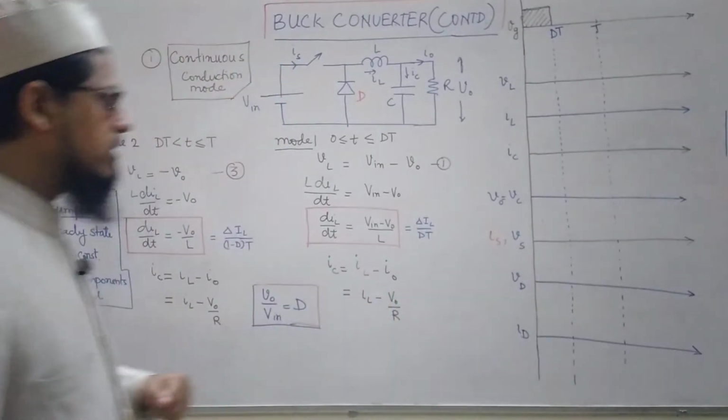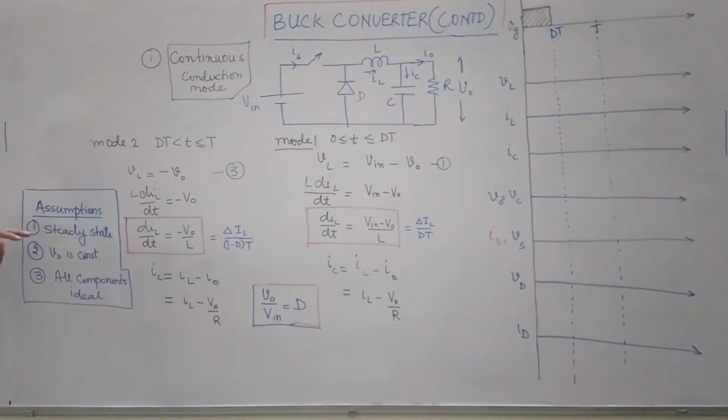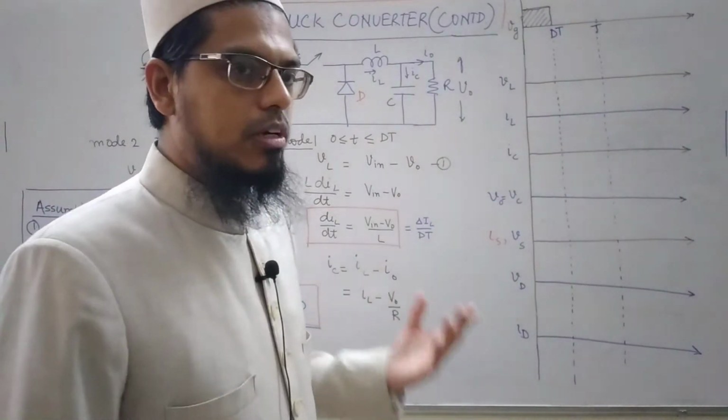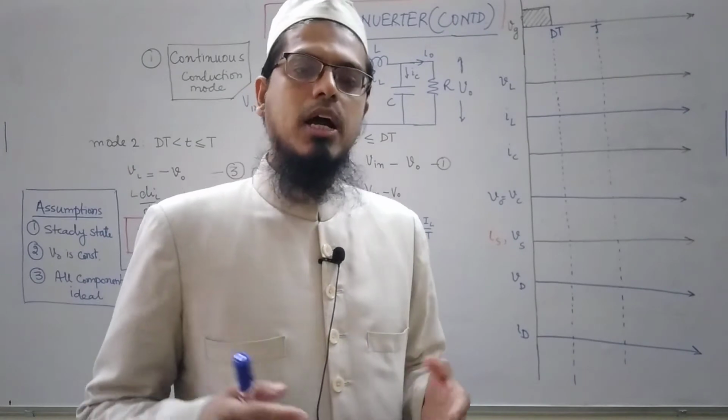What were those assumptions? The assumptions were that we were confining ourselves to the steady state analysis of the circuit. Second, we are assuming that the capacitance connected to the load is large enough to ensure that the output voltage is almost constant. And the third assumption is that all the components of this power converter circuit are ideal.